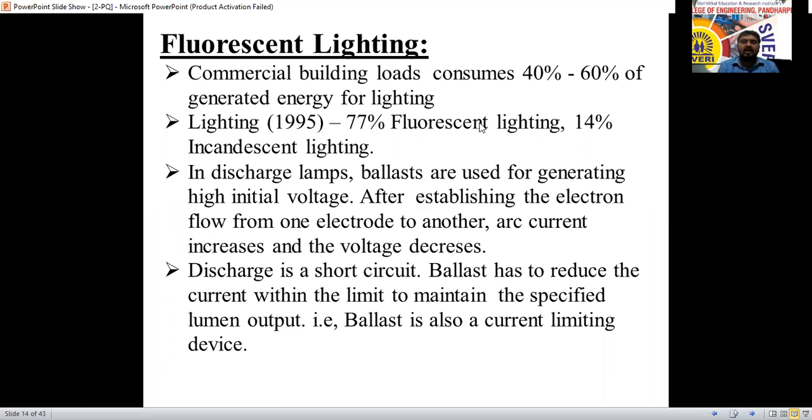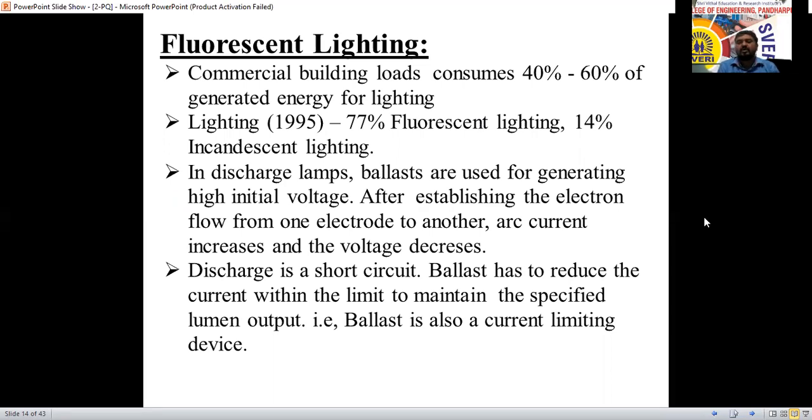In discharge lamps, ballasts are used for generating high initial voltages. So in a fluorescent lamp, we use the ballast for generating the high initial voltage across that fluorescent tube. After establishing that, electrons flow from one electrode to another electrode.